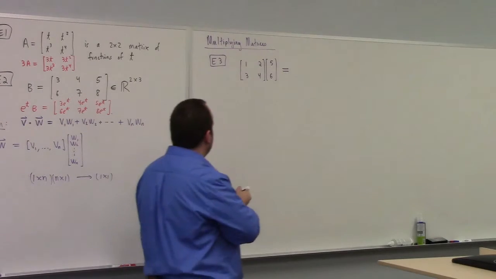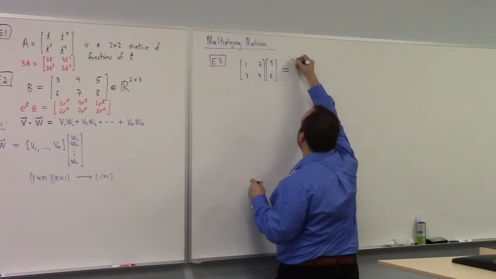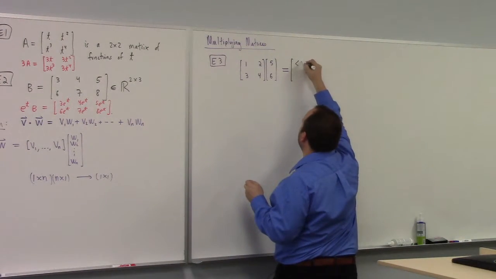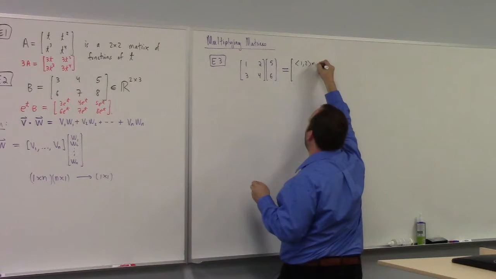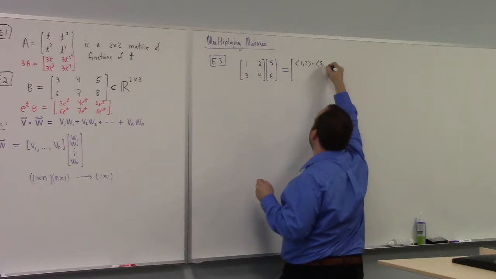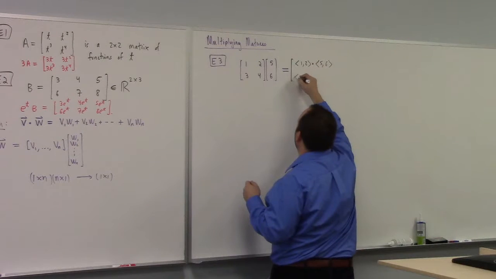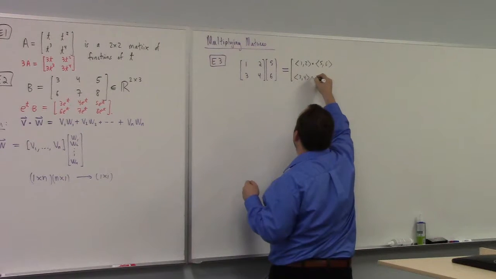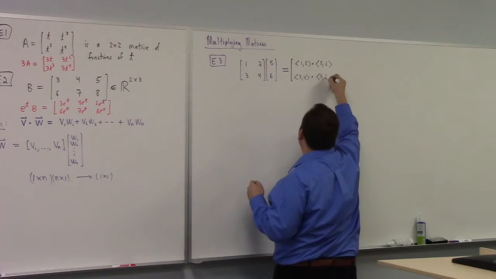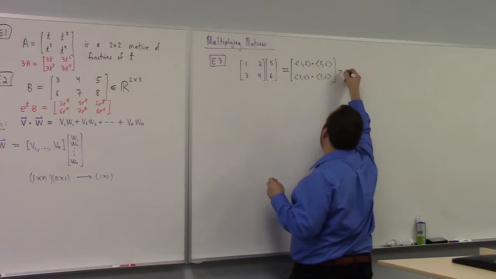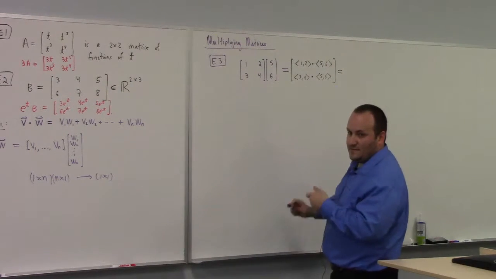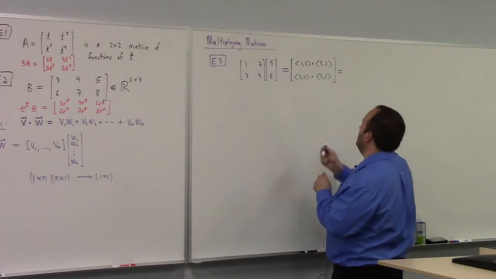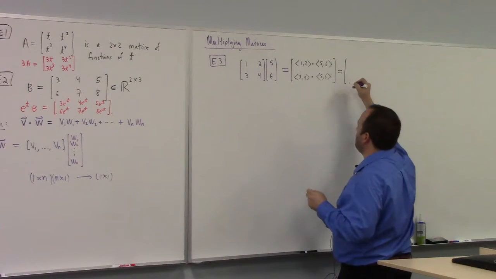So what you do is you just do basically the vector 1, 2 dot product with the vector 5, 6, and then you do the vector 3, 4 dot product with the vector 5, 6. I don't usually write down in black what I just wrote. I'm just showing you that that's the mechanics of the matrix multiplication as it relates to dot products.